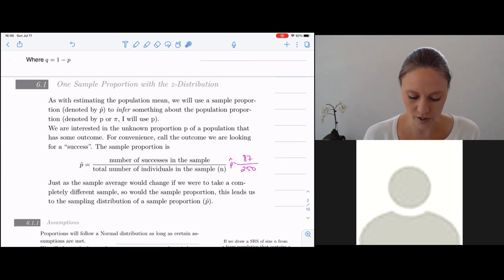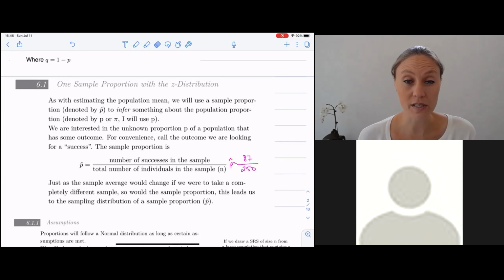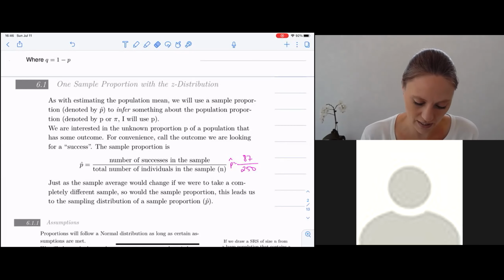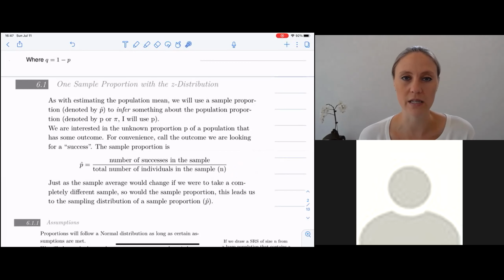It could also just be given as 37% of doctors said this. I don't know if those are matching, but I'm just making up numbers here. It could just give you a percentage, and then you would have to convert that to a decimal, of course, and then you would have the sample proportion that way.